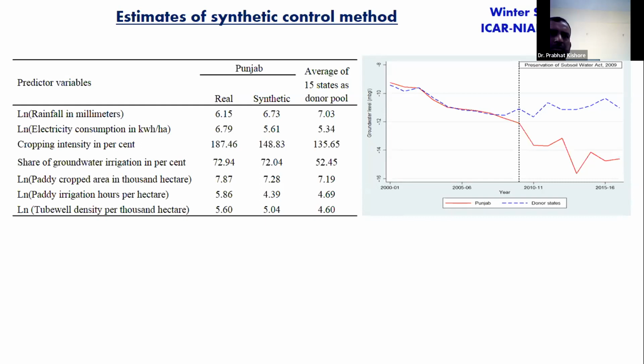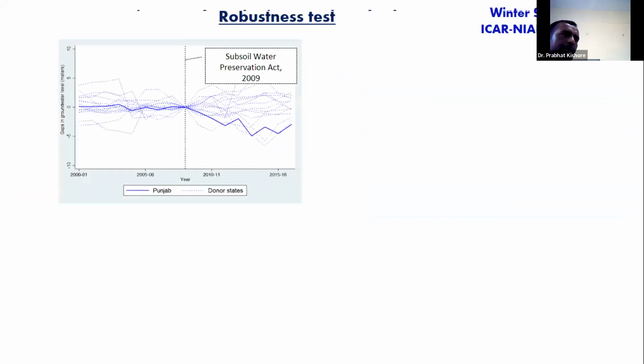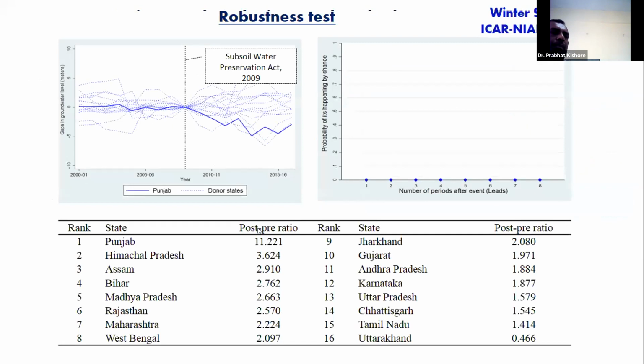Based on the post pre ratio that we are estimating here, we decide the rank of each state that we have considered. And here Punjab has a much higher ratio compared to the other states.